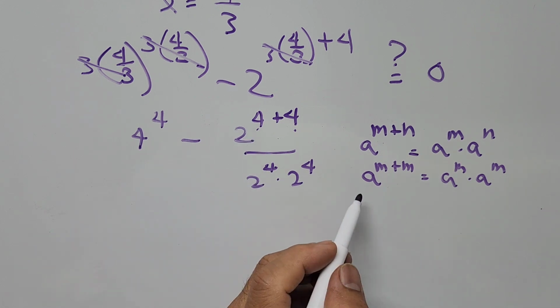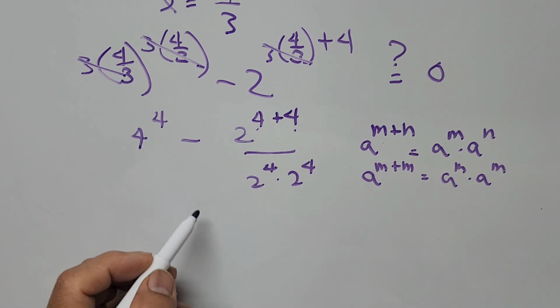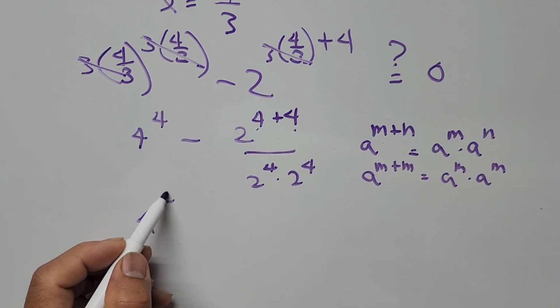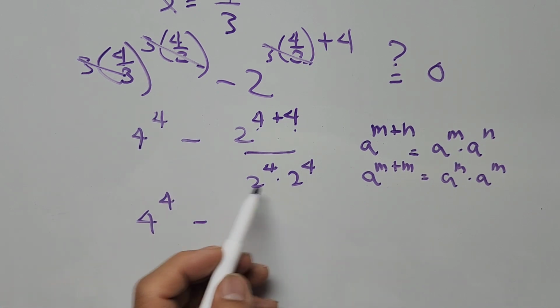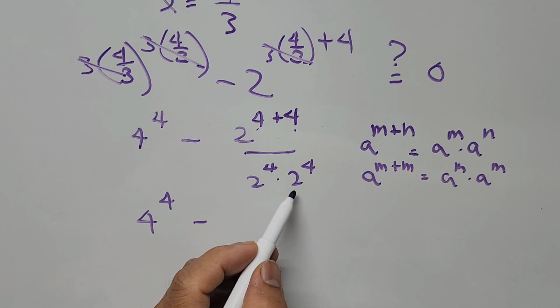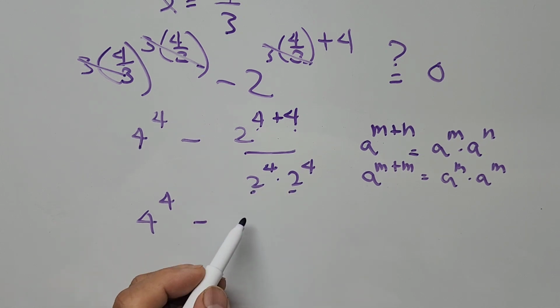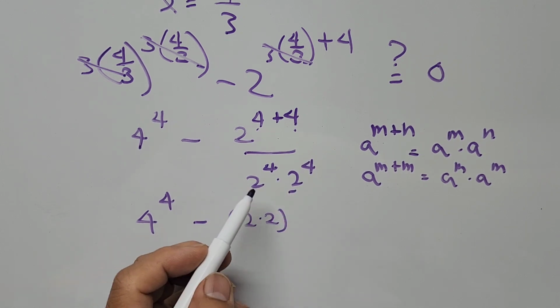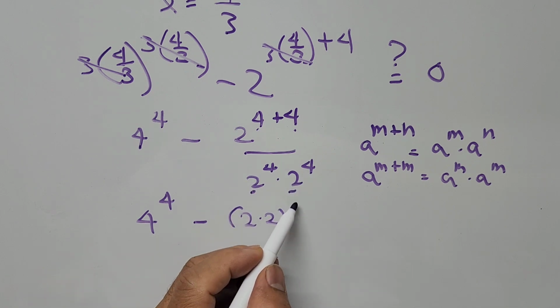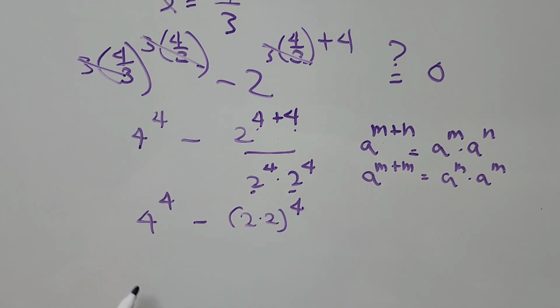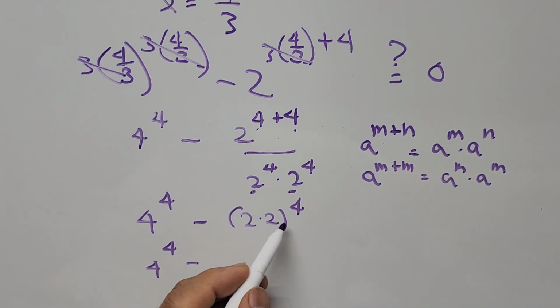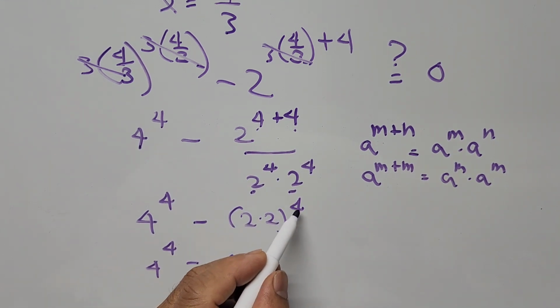So here we have 4 to the power of 4 minus, and we can combine the bases, 2 times 2, since they both have the same exponent 4. That's 4 to the power of 4.